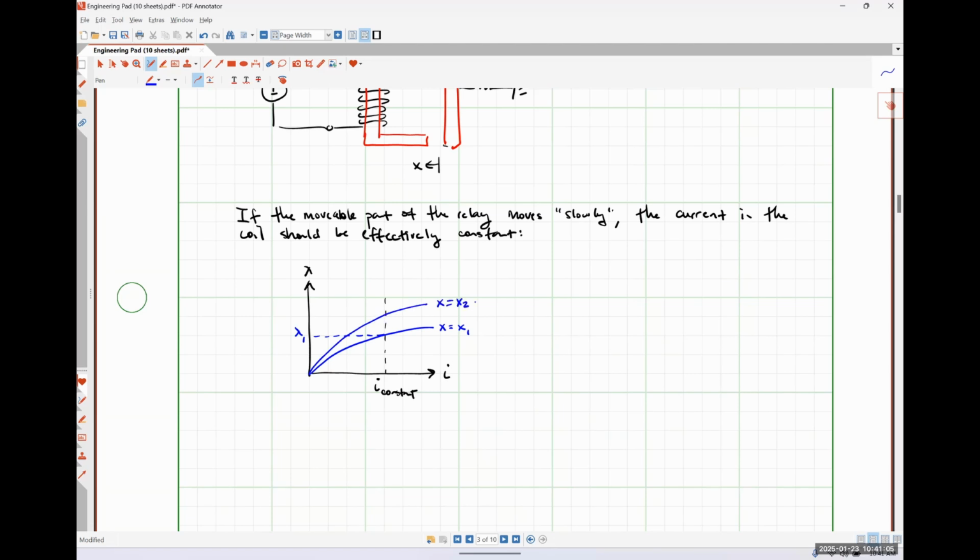So this is x equals x2, and where it intersects that line, we have some flux linkage 2. Essentially, the operating point of our system is moving from this point, point A, up to this point, point B, and I'm going to call this point down here, point O, for the origin.